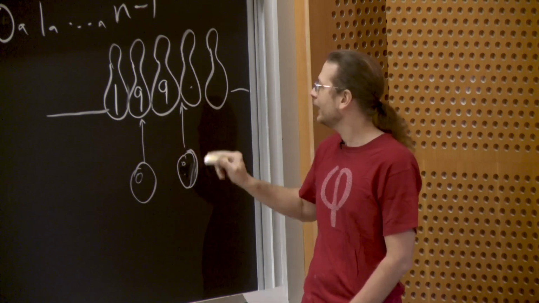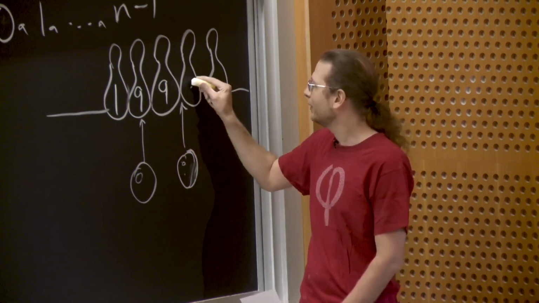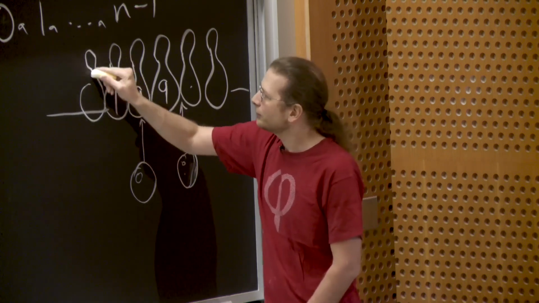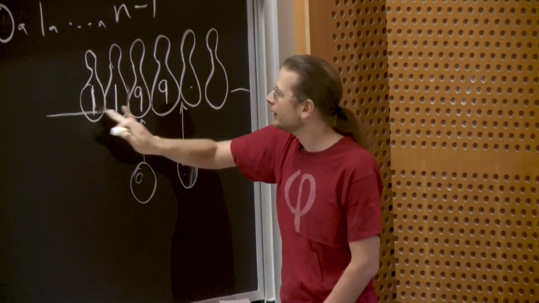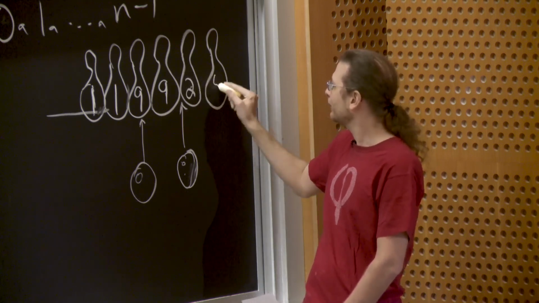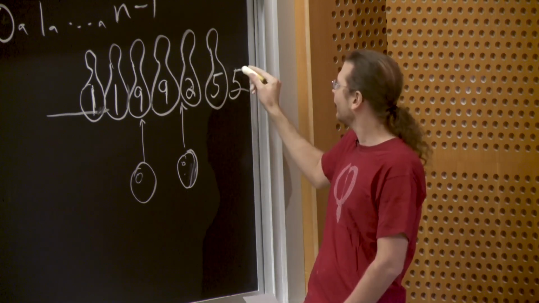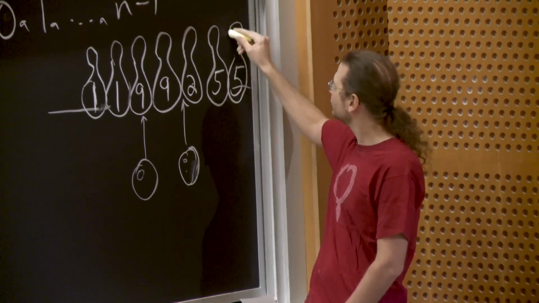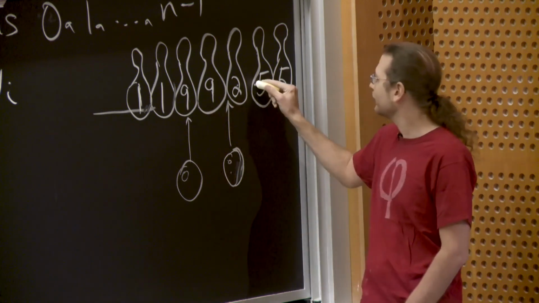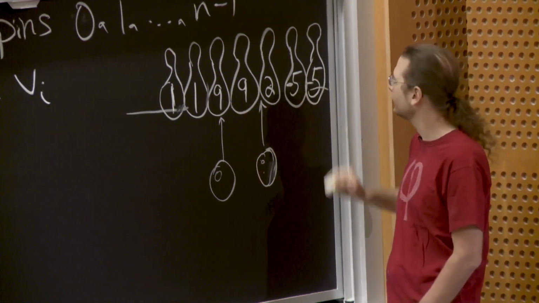Let's say 9, 9. Let me do a slightly more interesting example. Maybe another 1 here, and a 2, and a 5, and a 5, something like this. Or maybe make it a little more interesting. Let's put some negative numbers on here.